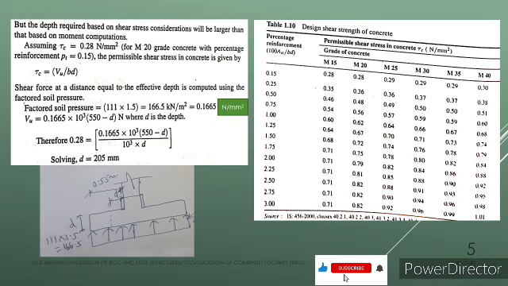You are having a force of 166.5 kilonewton per meter square. In terms of Newton per mm square, we are substituting 0.1665. So we will be getting the shear force at this section.